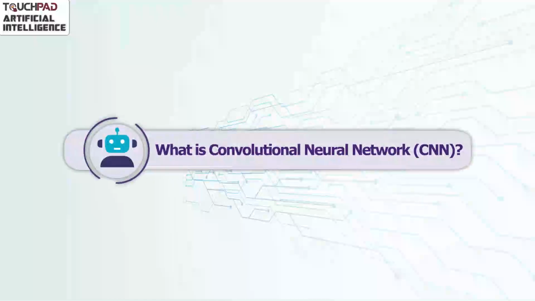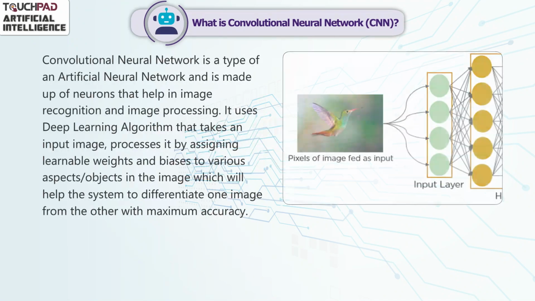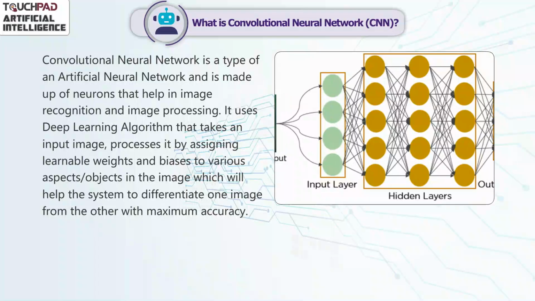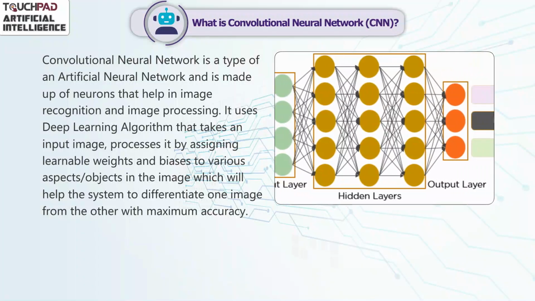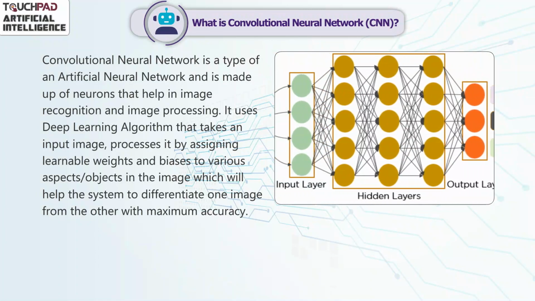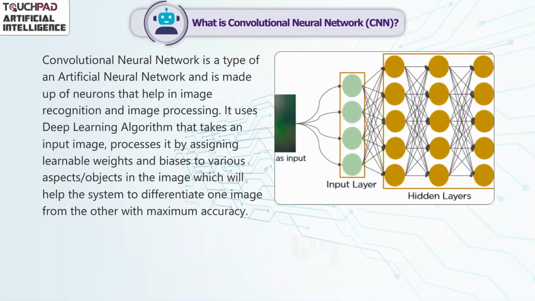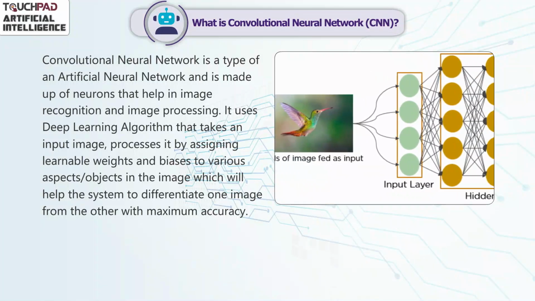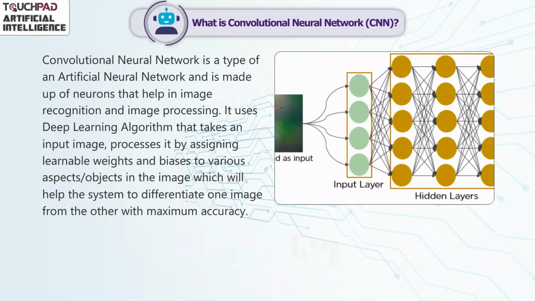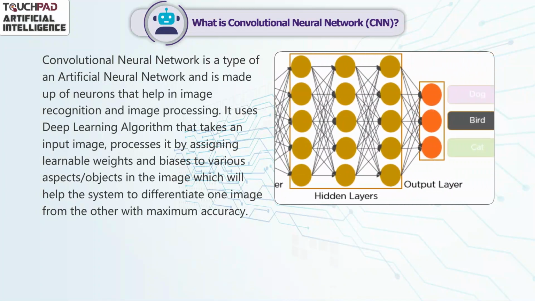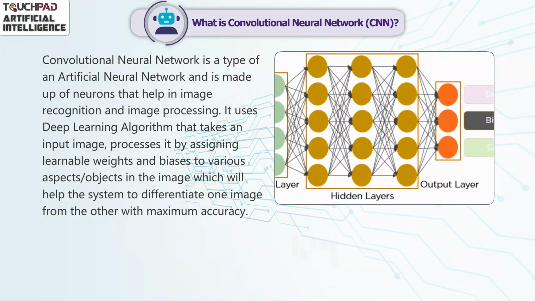What is a convolutional neural network? CNN. A convolutional neural network is a type of artificial neural network made up of neurons that help in image recognition and image processing. It uses a deep learning algorithm that takes an input image and processes it by assigning learnable weights and biases to various aspects or objects in the image, which helps the system differentiate one image from another with maximum accuracy.